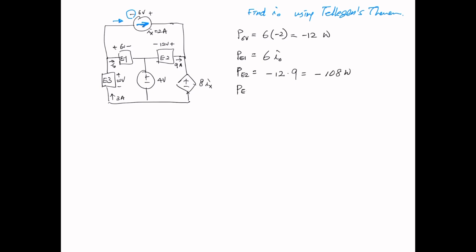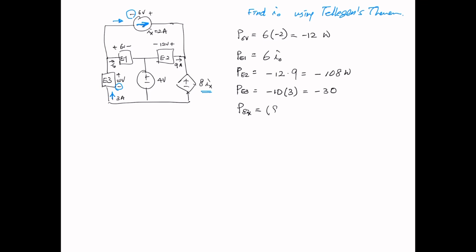And then the power for E3: we have 3 amps going up and entering the negative terminal. So negative 10 times 3, that is negative 30. Now, let's find the power for 8Ix.